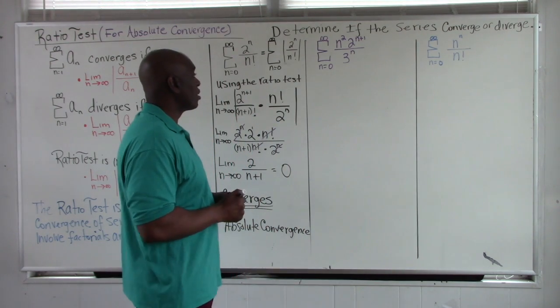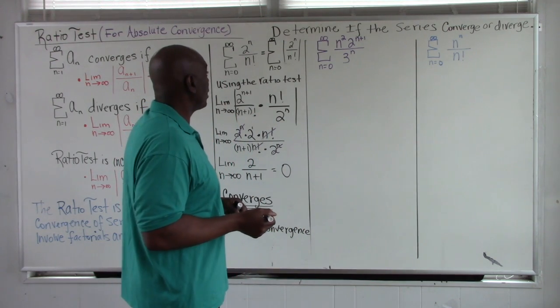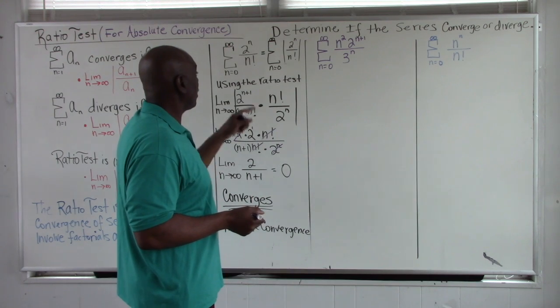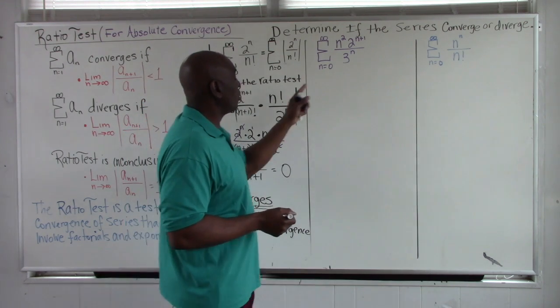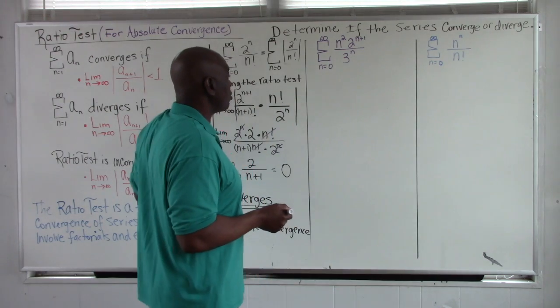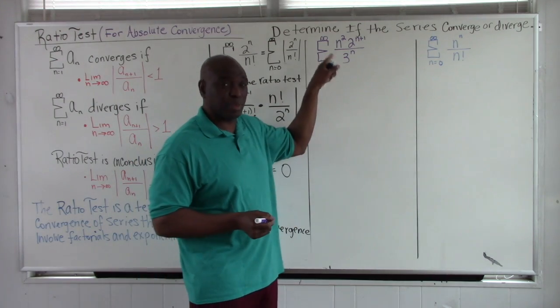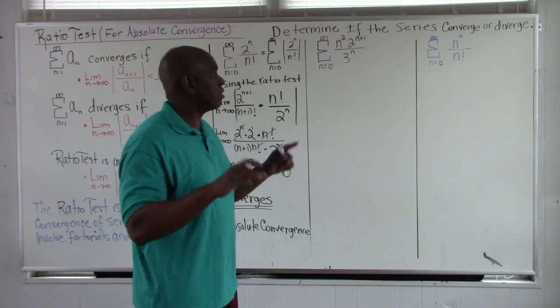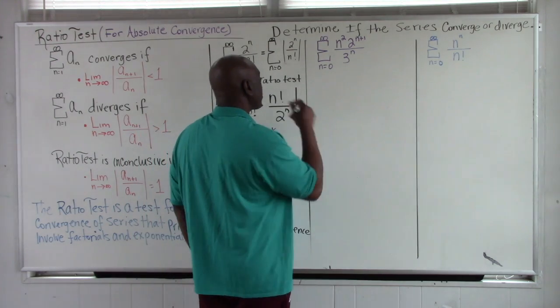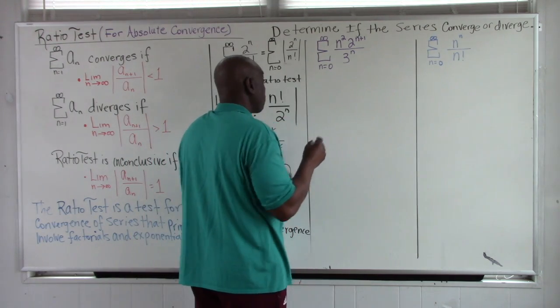Okay? So the first thing we have to do is go ahead and add the plus 1 term. We know we're going to use the ratio test because I see exponential powers here all over the place. So let's just go ahead and use the ratio test. All right, so here we go.